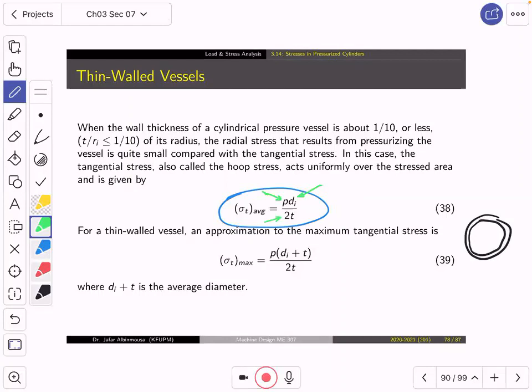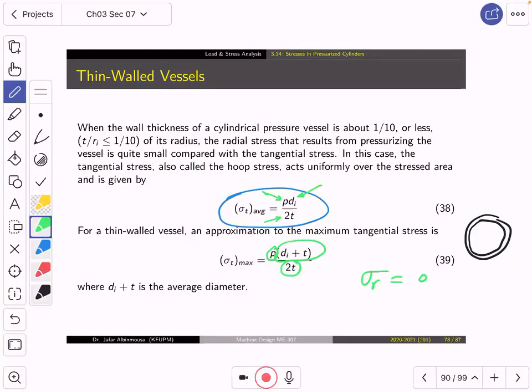If you want to find the maximum value, because there will be a maximum and there will be an average value, then this equals the pressure multiplied by Di plus the thickness, divided by 2t. The point, guys, is that sigma R equals 0.